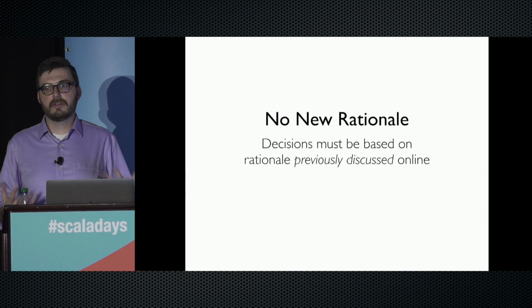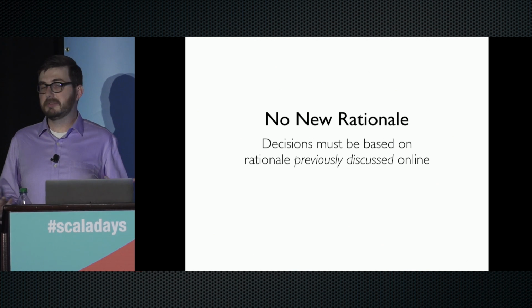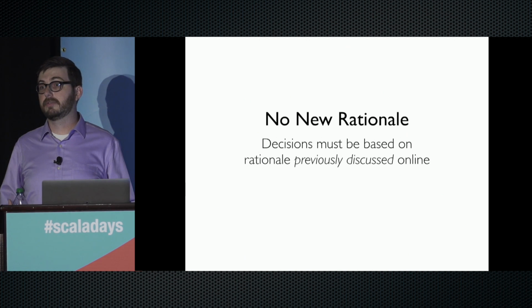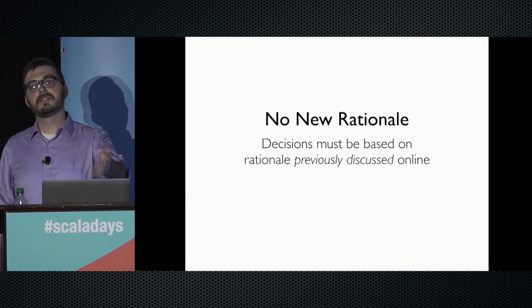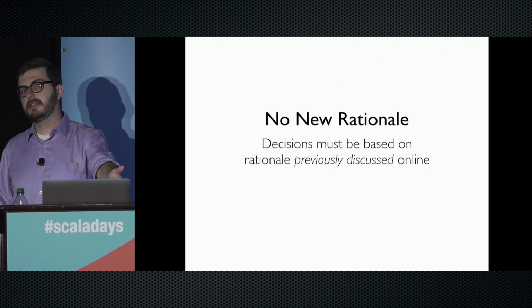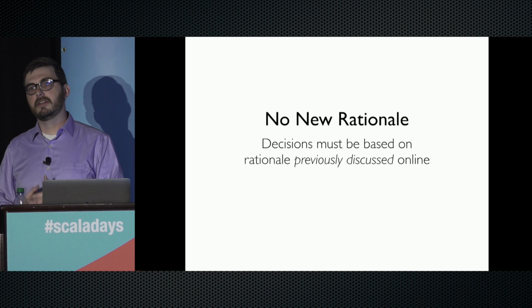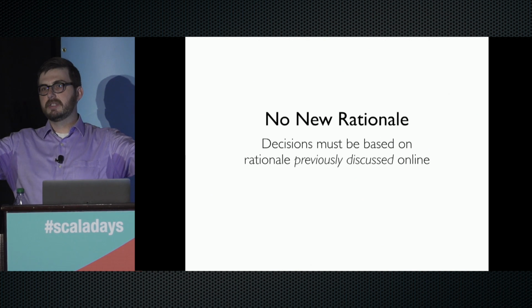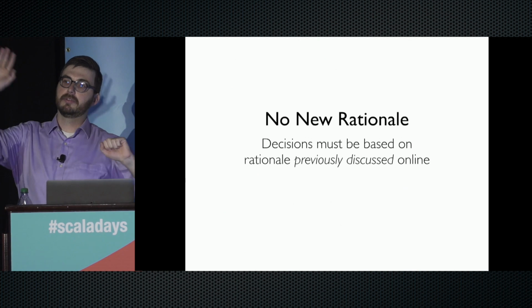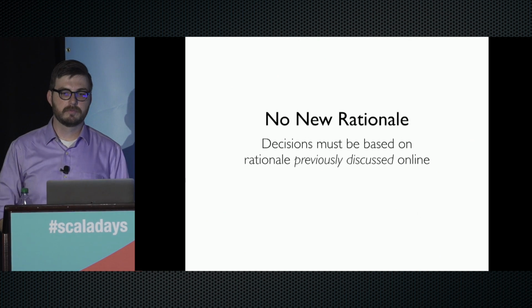That's the thing that you're never going to get unanimous agreement on because people value different things, right? But we should be able to agree on the facts on the ground, right? So the idea here is no new facts, no new rationale at the time a decision is handed down. It's just a matter of saying, okay, everybody agrees about the trade-offs, and the team feels like this is more valuable than that, and so we're going that way.